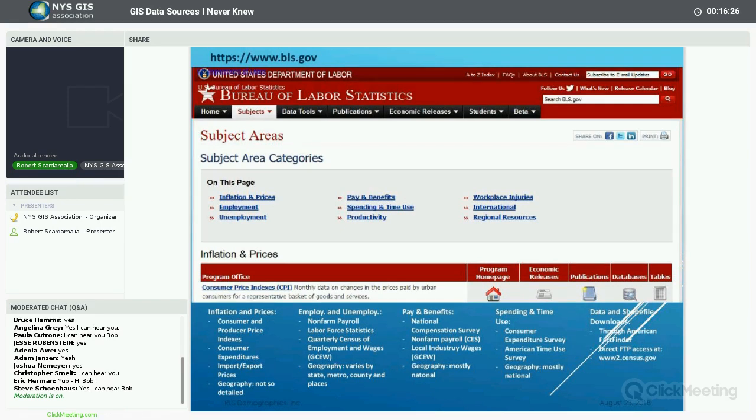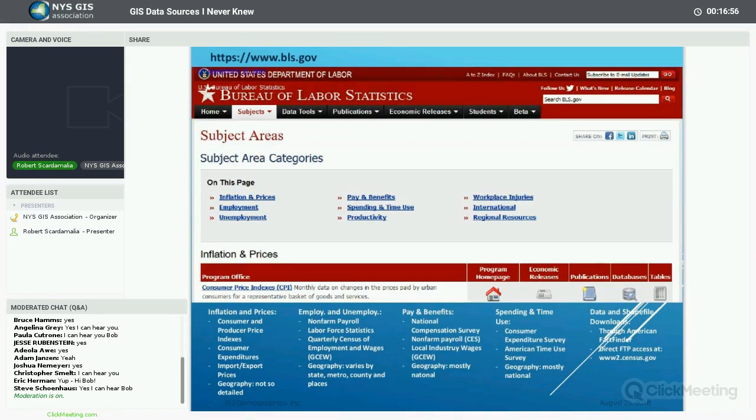It's a census of individual businesses that have to report, and you can get that information at sometimes county level, but it varies. Counties, states, metros for sure, counties and place data for larger areas. Pay and benefits, national comparisons of how much people work, how much people get paid for different types of jobs, but unfortunately mostly national in scope.